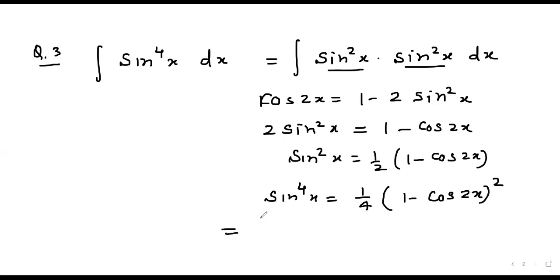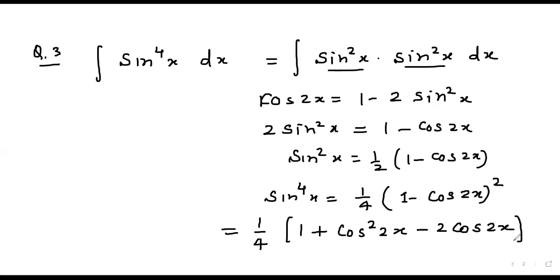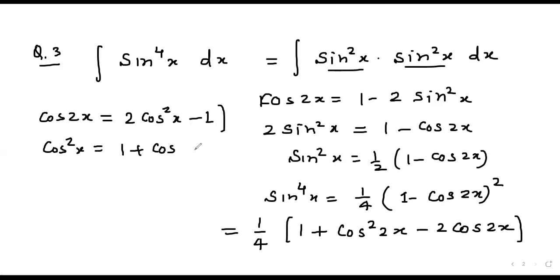So this will become 1 by 4 times, we can expand it. So 1 plus cos square 2x minus 2 cos 2x. Further, cos 2x is written as 2 cos square x minus 1. So cos square x will be equal to 1 plus cos 2x divided by 2.